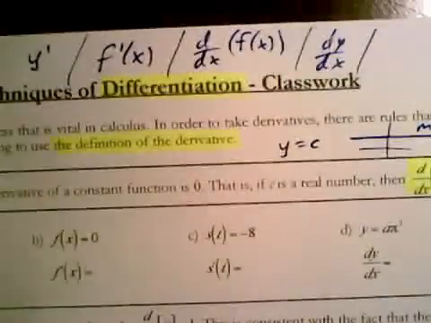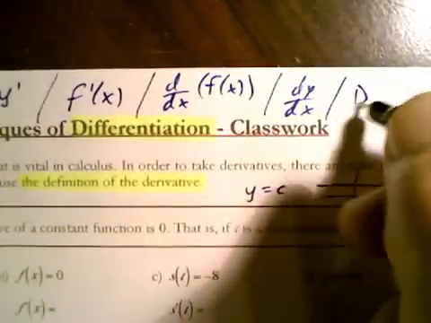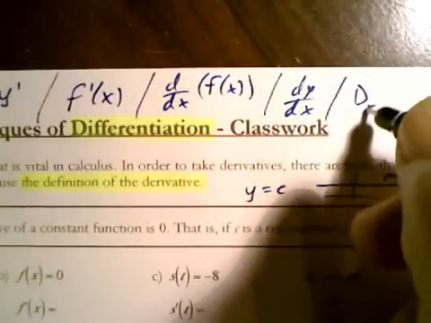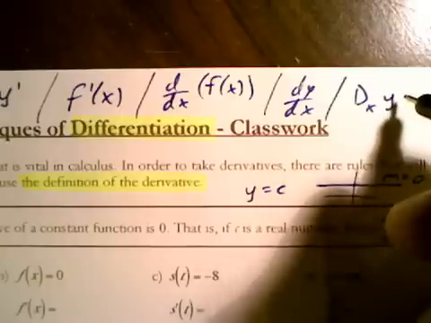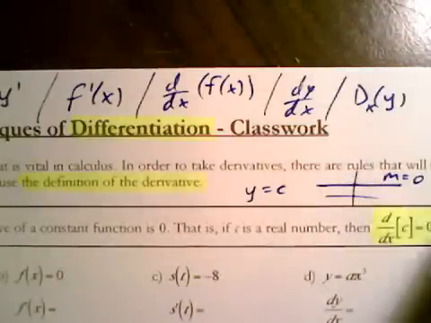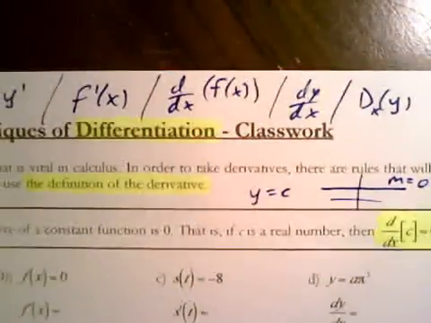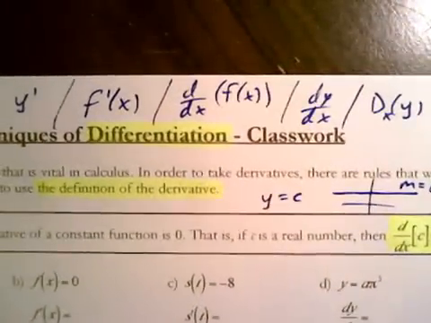Any of these are also derivatives. We can also have a capital D, capital D y dx. Any of these notations are notations that we use in sometimes different contexts to identify what the derivative is.